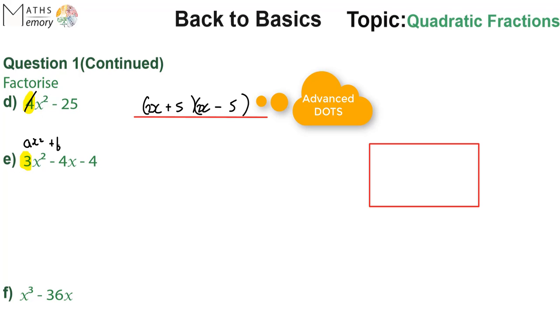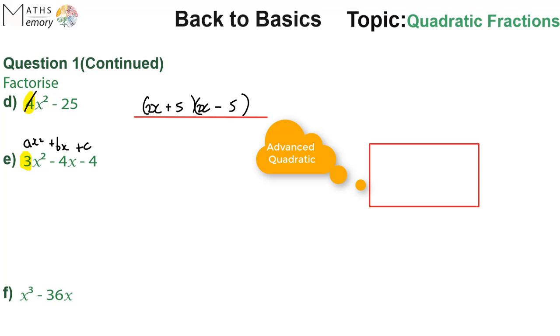What we mean by a times c is 3 times minus 4, so two numbers, dash times dash, multiply to get minus 12, and add up, dash plus dash, to get the coefficient of x, which is minus 4.